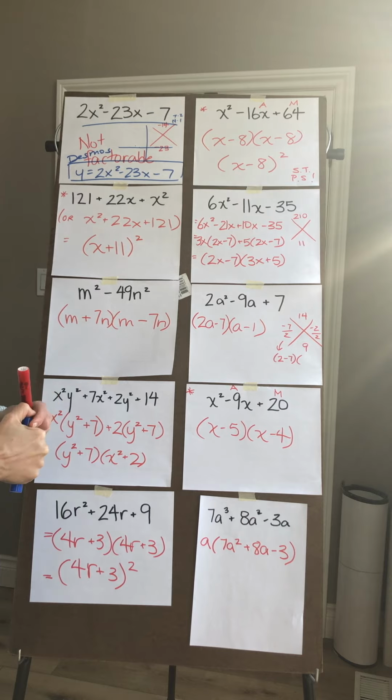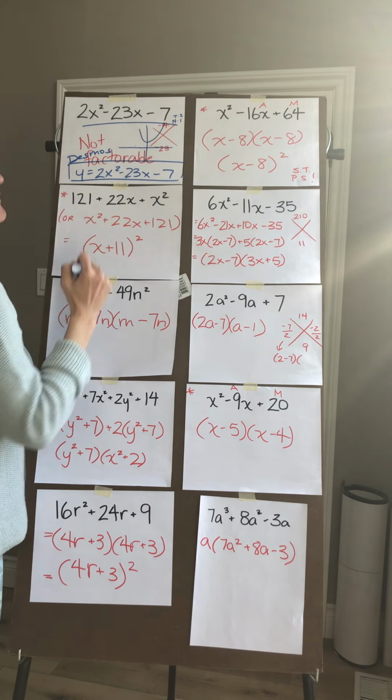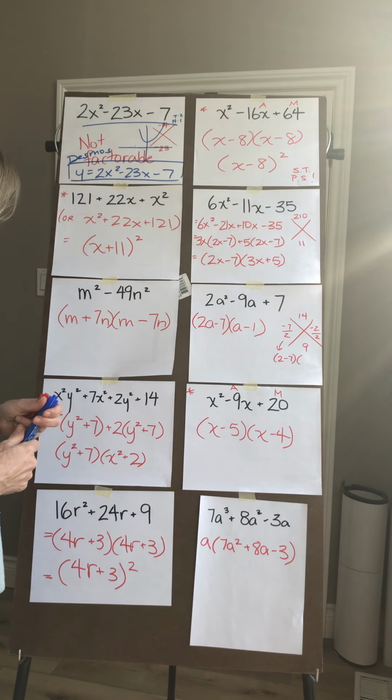That means if they're not nice numbers, or it may even be up like this, that means it's not factorable, okay? So if you want to use Desmos to check, that's one way you can do it.